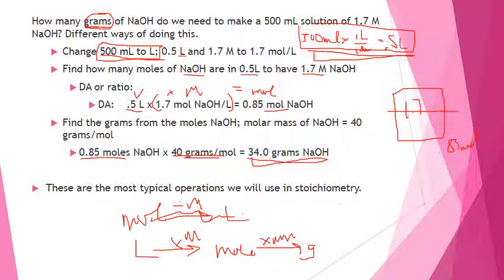You'll go from liters to moles, multiplying by molarity, and from moles to liters, dividing by molarity. If you figure out grams, you would go liters to moles to grams. Or you might have to go the other way, from grams to moles to liters.